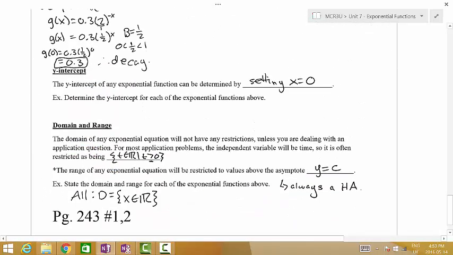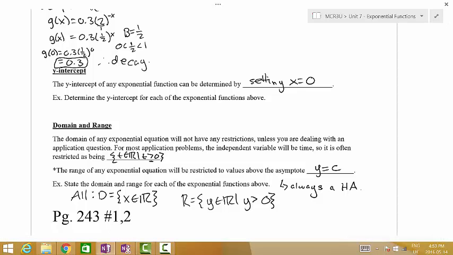There is nothing added on to the end, so the asymptote is y equals 0, and our range is y element of R such that y is greater than 0. Now notice it's not greater than or equal to 0 because an asymptote can't be touched. All those asymptotes are at 0, which means that none of our graphs can actually equal 0.